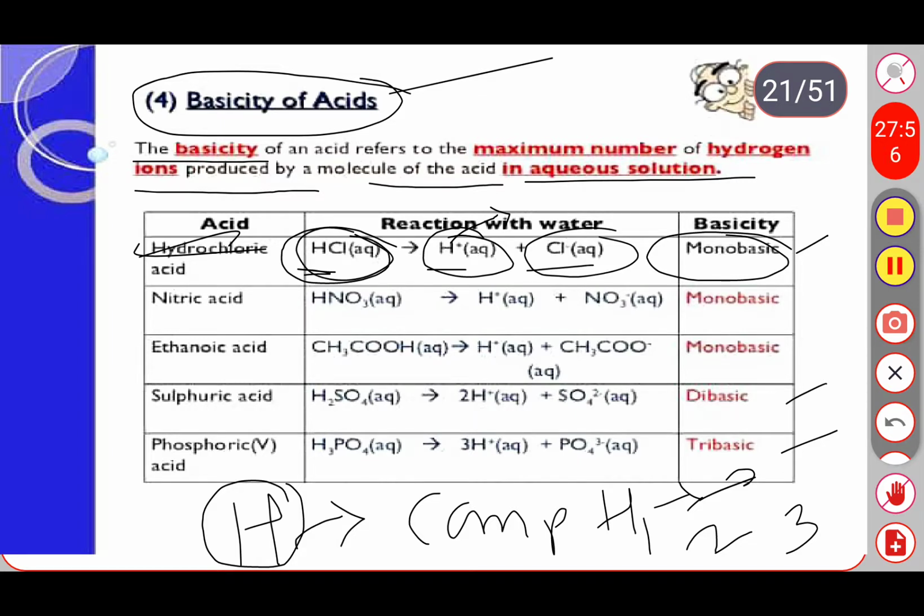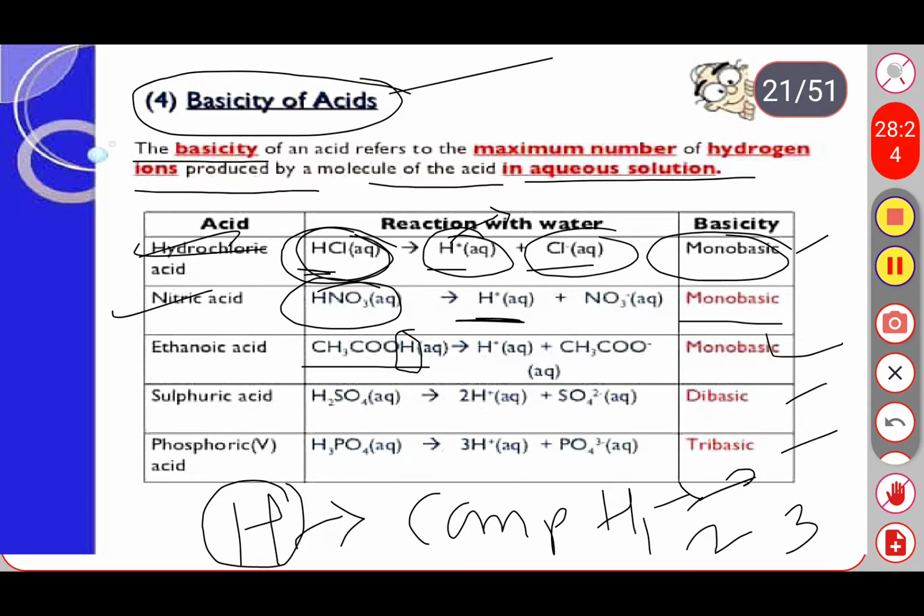The next one is nitric acid. The formula for nitric acid is HNO3. Again here we have one hydrogen atom, which means it is a monobasic acid. Third is ethanoic acid. In ethanoic acid also we have one hydrogen atom, so that is also a good example of a monobasic acid.